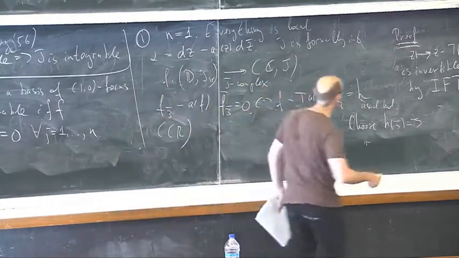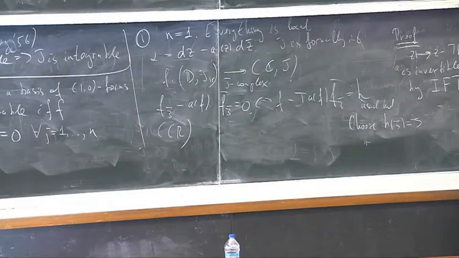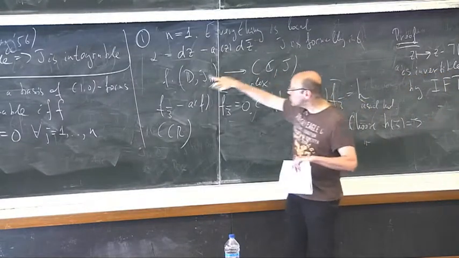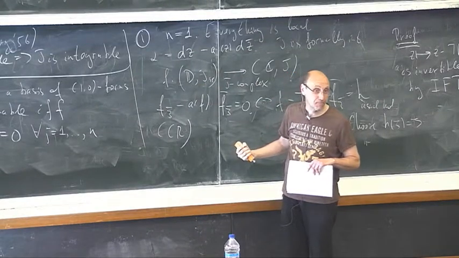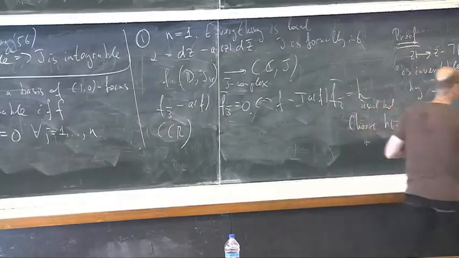Well, but what is the relation with the lecture of Sergey today? The relation is very simple. If we consider the inverse map from this to this, then it will be a solution of the Beltrami equation. Why is that?